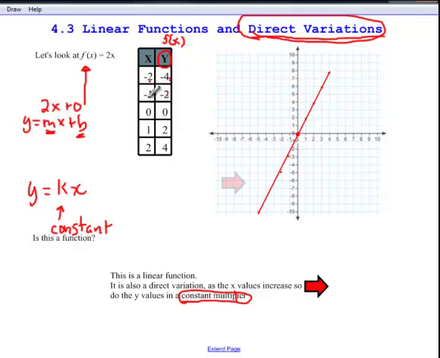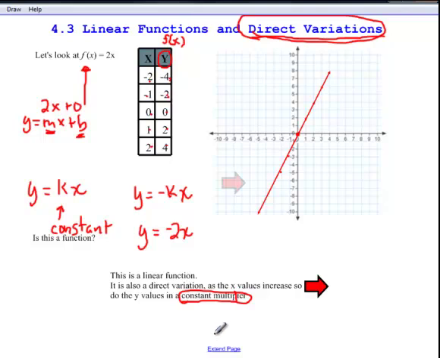So everything is constantly doubling the x value. -2 doubled to -4, -1 doubled to -2, 0 doubled to 0, 1 doubled to 2, 2 doubled to 4. And even though this is an increasing one, we can have it decreasing such that the k value is negative. So if this was y equals -2x, we know that would be a slope of -2, or go down 2 over 1, down 2 over 1.